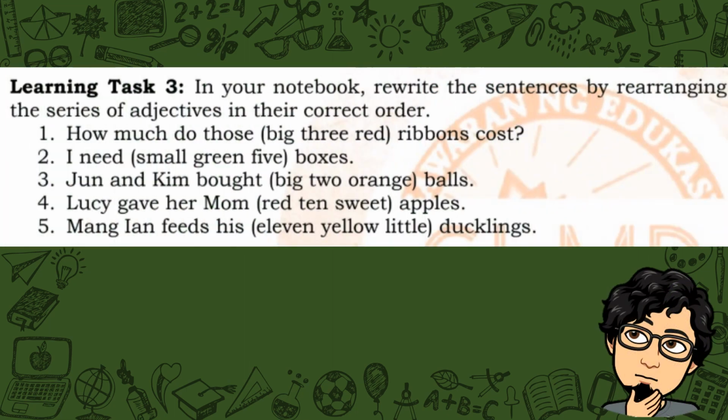Learning Task 3 on page 21. Rewrite the sentences by rearranging the series of adjectives in their correct order. For example, how much do those big three red ribbons cost? The correct order: three big red.